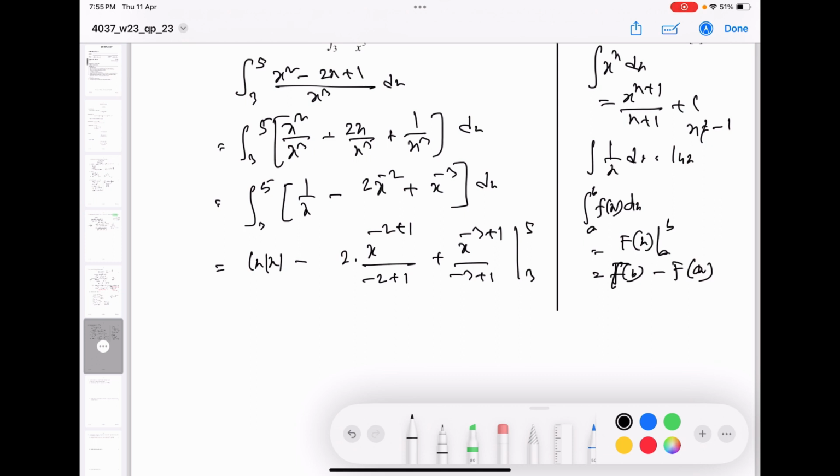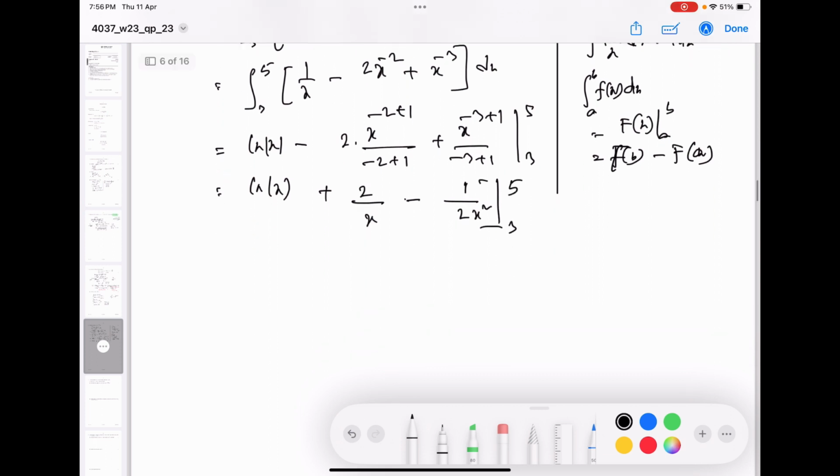Now before putting in the values, let me simplify this. This is plus 2 by x, in more simplified form, and this is also minus 1 by 2 x squared, limit is 3 to 5.